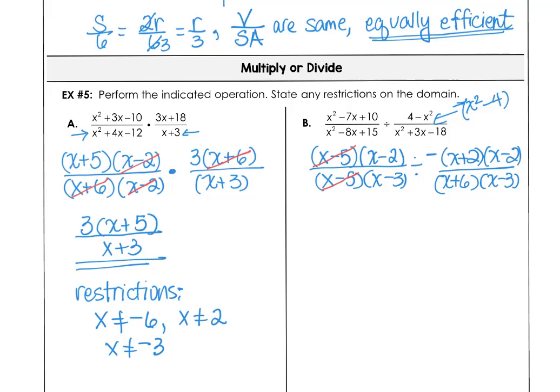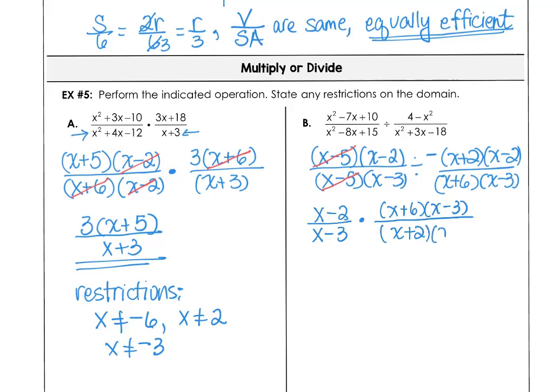Then we're going to write that as multiplying by the reciprocal now that we've simplified it. So x minus 2 divided by x minus 3, and I'm multiplying by x plus 6, x minus 3, and x plus 2, x minus 2, and be really careful, don't forget the negative 1.